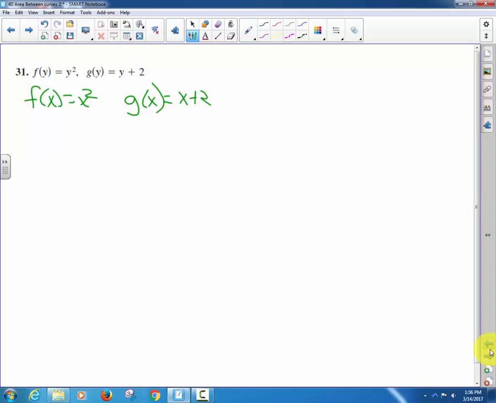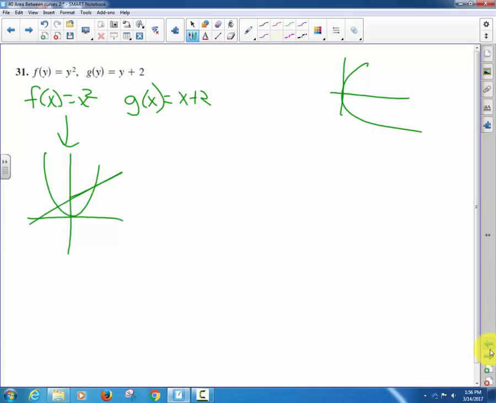Would you agree? Because f of y equals y squared is going to be open like that. This f of x right here is going to be opened like this. The x plus 2 is going to be a line here. The y plus 2 is going to be a line here. So we flipped it. Have we changed the area?